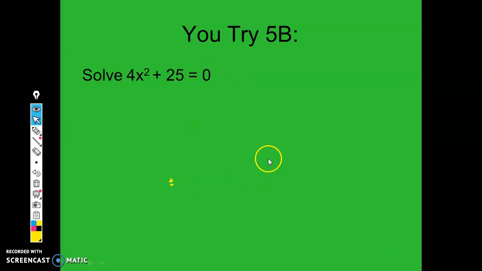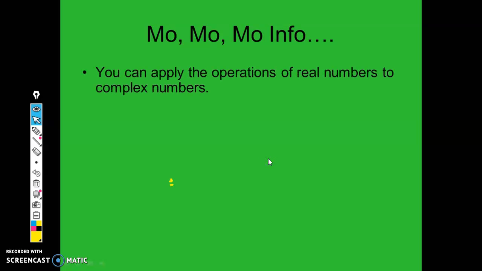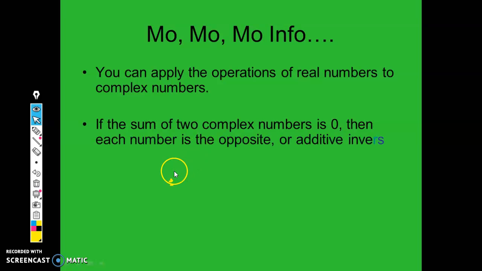All right, we're going to keep on rolling here though with some info. Okay. So we can apply all the operations of normal numbers to complex numbers. They distribute, they add, you can do pretty much all the stuff that we would with normal numbers with complex numbers, which is pretty cool.